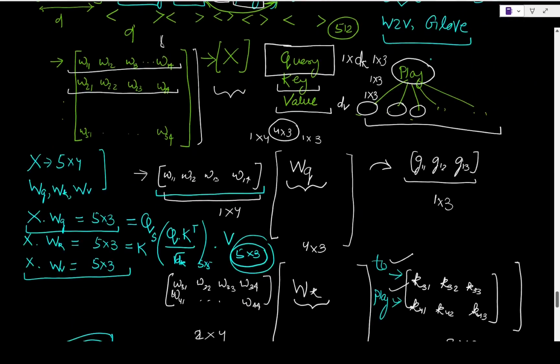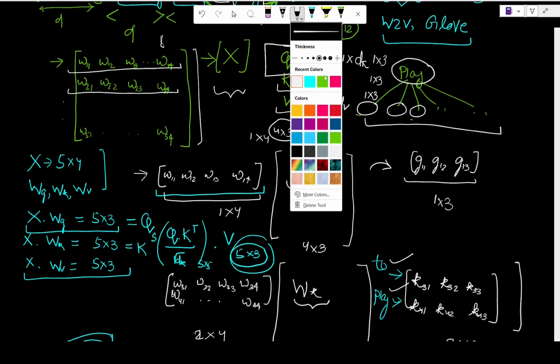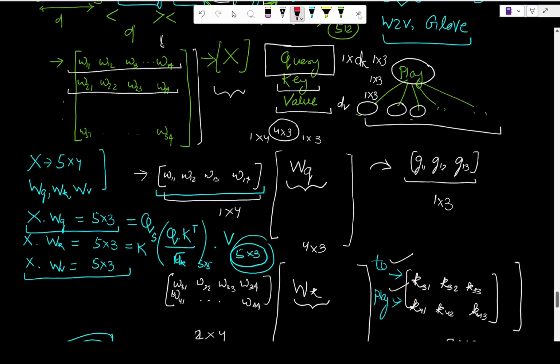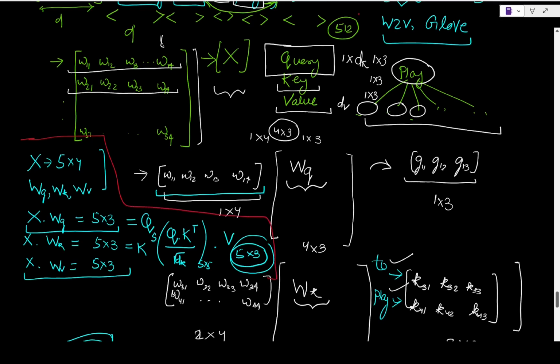So this part here, I can take some other color like red. This part represented here is the self-attention part. We have input word corpus X, and we try to learn these matrices for projections, and we do the entire math.